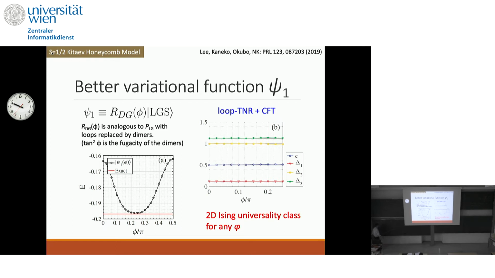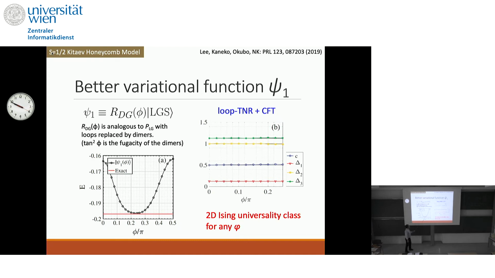If eta is 0, or phi equals 0, then this diamond gas operator is just 1. It means that at this point, the state is exactly the loop gas state itself. And by adjusting phi, this is the energy expectation value of the Kitaev honeycomb model sandwiched by the state defined by the diamond gas operator multiplied on the loop gas state, as a function of phi or eta.